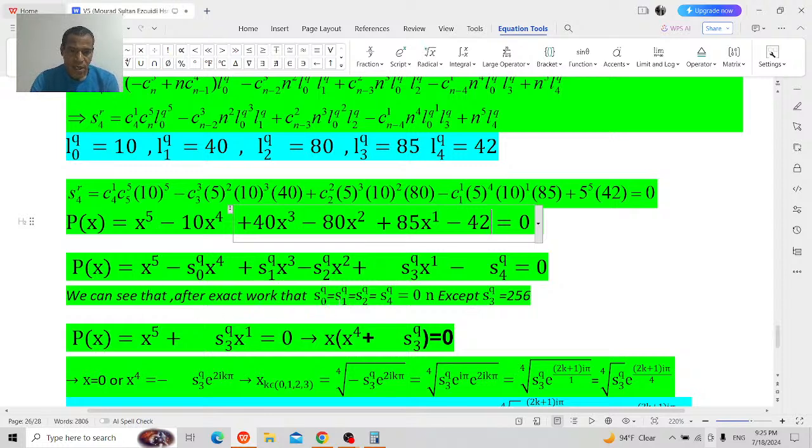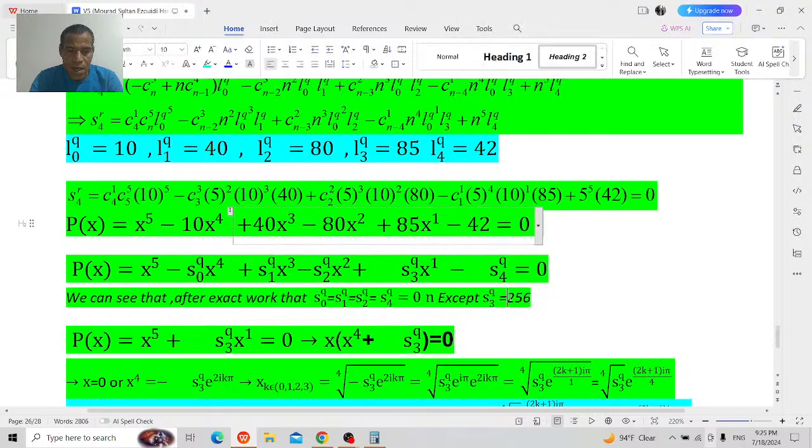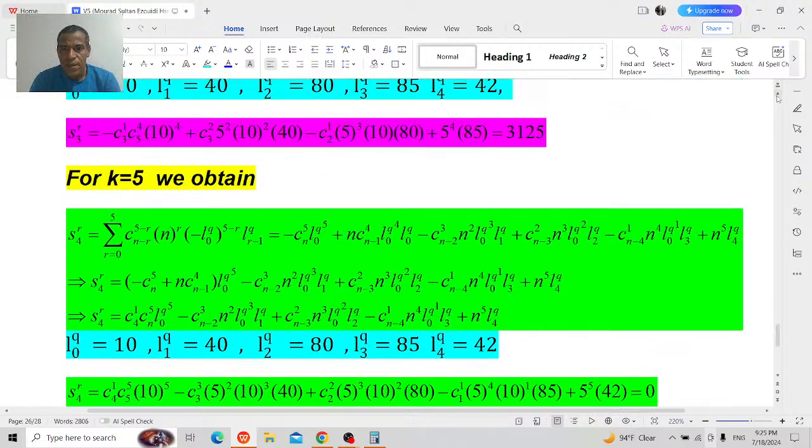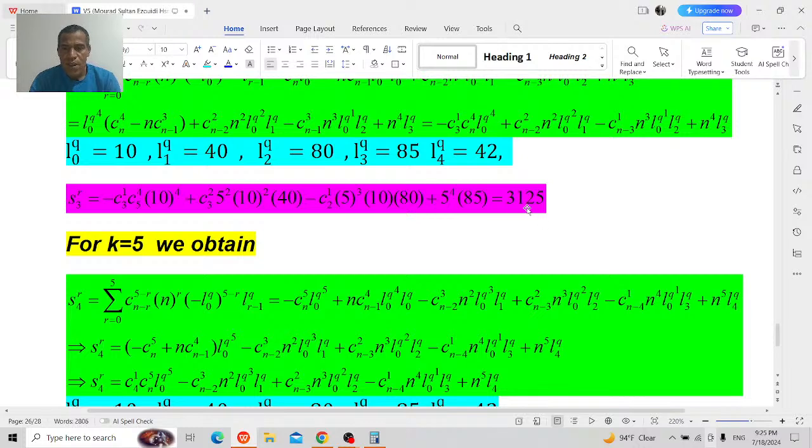Just substitution, learners. We have S0, S1, S2 and S4, all of them equal 0, except S3, which is equal to 3,125.